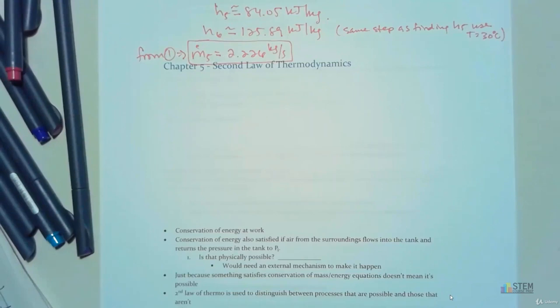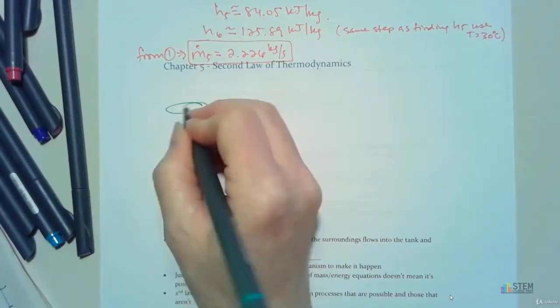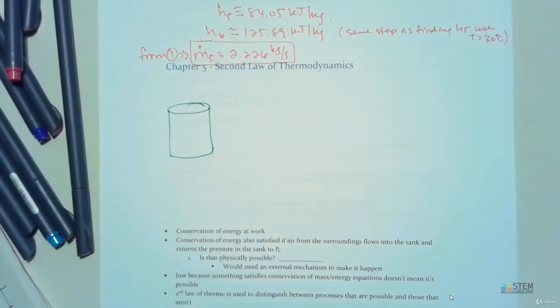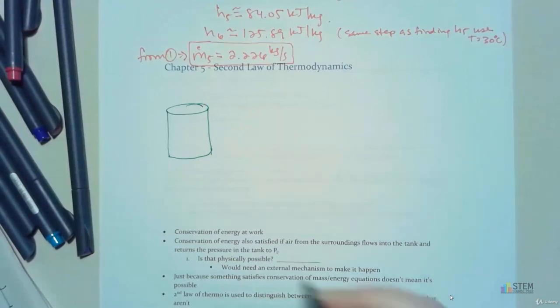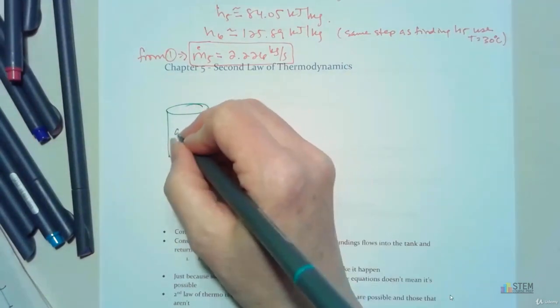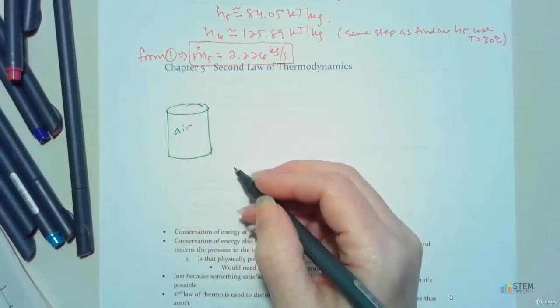Let's start out with a scenario here. And this scenario, this is the one that is usually used to demonstrate the second law of thermodynamics. Let's say we've got this air and it's going to be contained in this container.